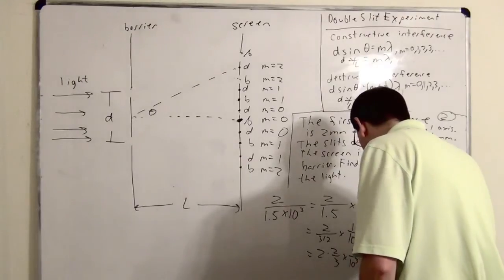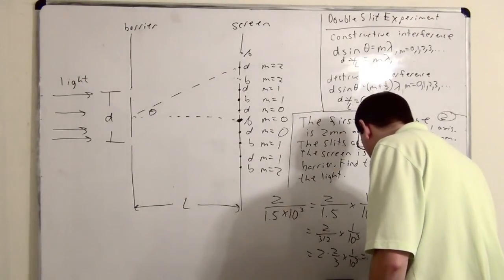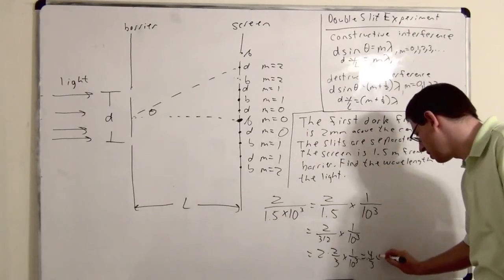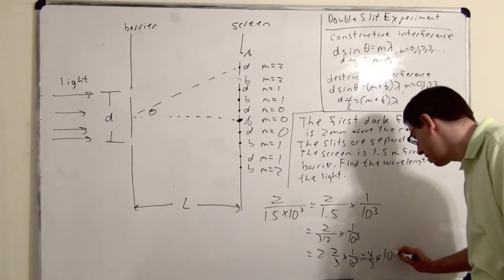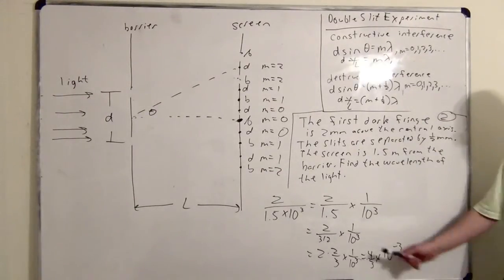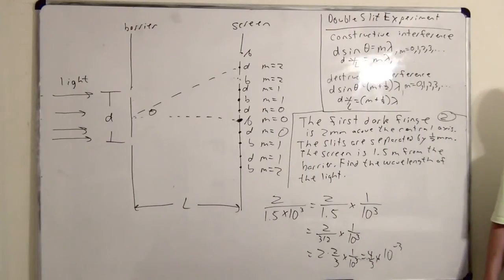So the 4/3 is correct. And what should be your power of 10? -3? That was the part that you got incorrect. You were accidentally moving the 10^3 from the denominator to the numerator without changing the power of 10.